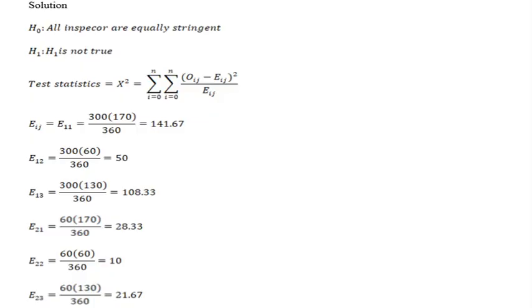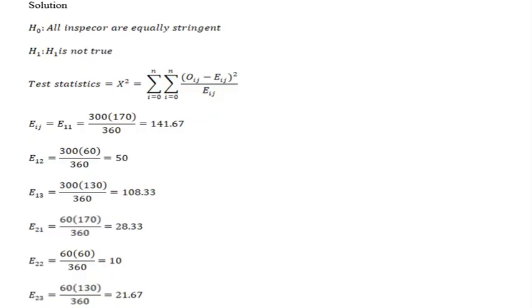The row total for row 1 is 300 and the column total for column 2 is 60. That will be 300 times 60 over 360. That will give us 50. Then for row 1 column 3, it will be 300 times the column total, 130, divided by our grand total. That will give us 108.33.